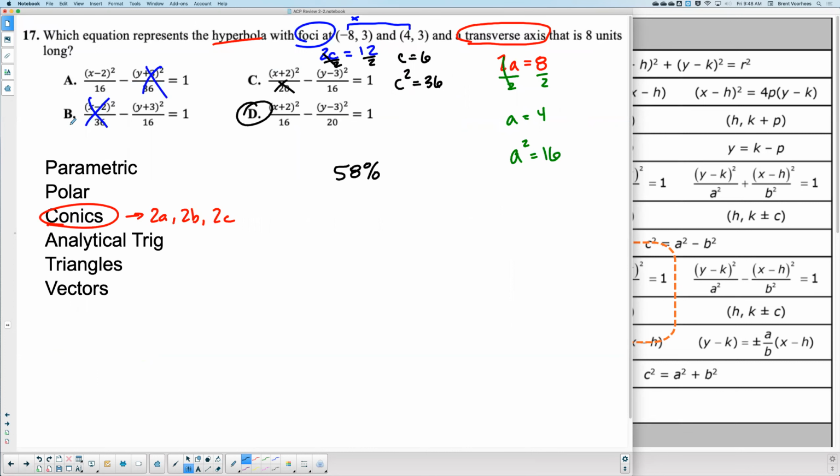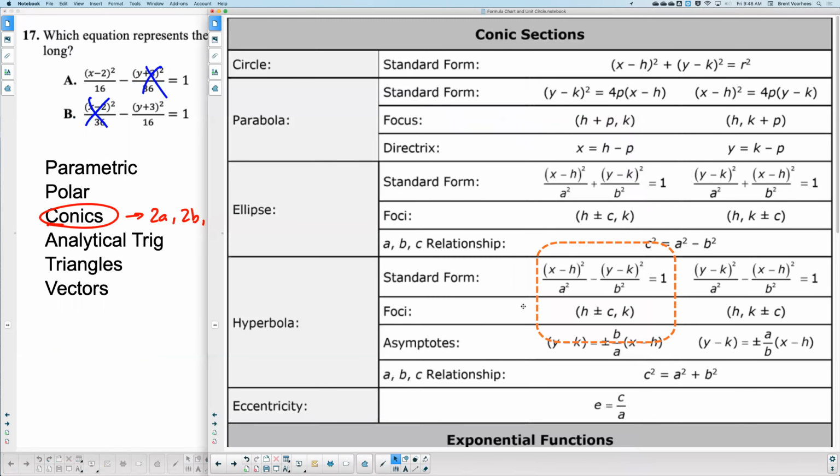Okay, on 17, one thing I forgot to tell you. So go back to foci. Foci changed which letter? X. I meant to tell you this earlier and I forgot. When you go to the formula chart, you see how it has foci listed there? The two foci, when you look at them, this 2C here is represented by a positive C and a negative C. This 2C, which value are they changing? Is this changing the X or the Y?